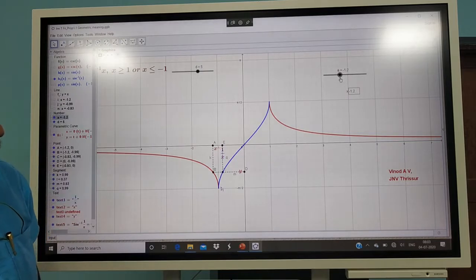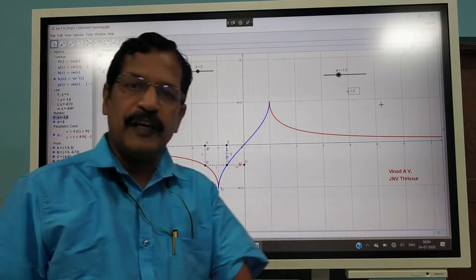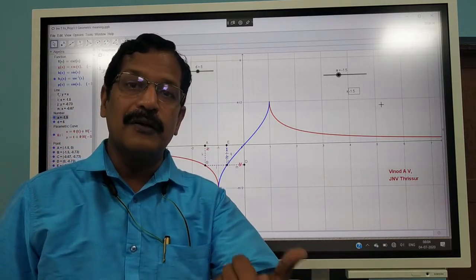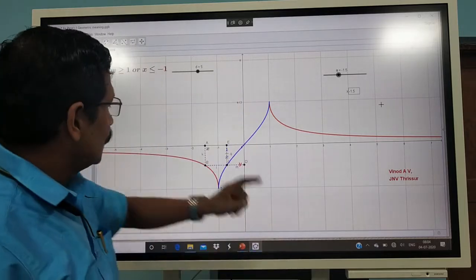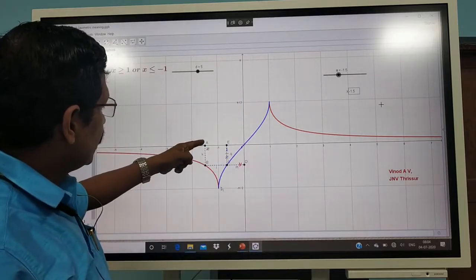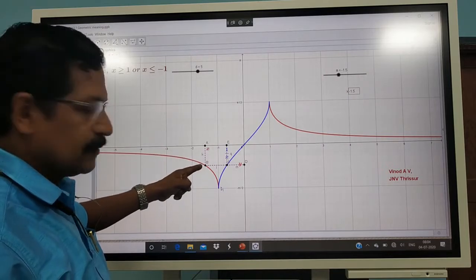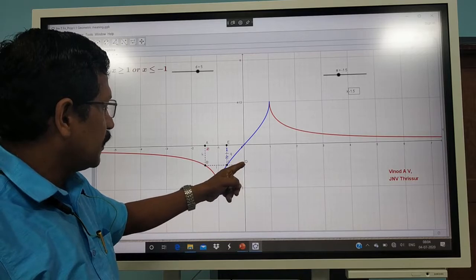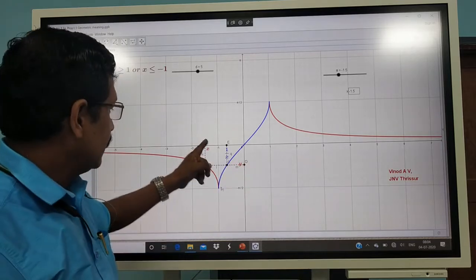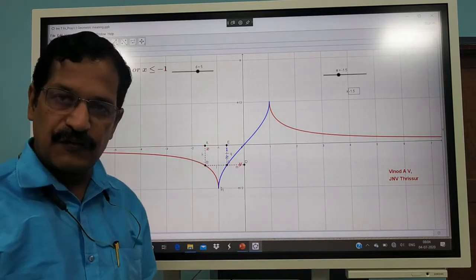But when it comes here, in the negative, when the value of x is less than or equal to minus 1, the same result is true, because x intersects the cosec inverse graph, and we get the point cosec inverse of x.